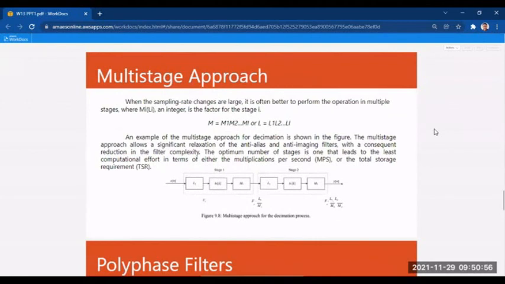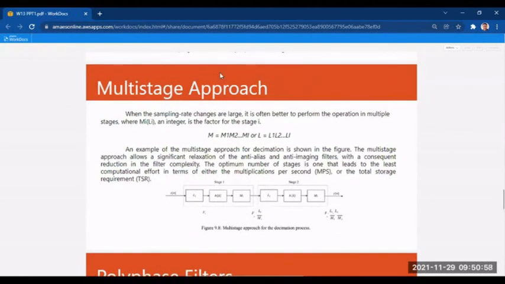Next, we have the multi-stage approach. When the sampling rate changes are large, it is often better to perform the operation in multiple stages, where M sub i and L sub i, integers, are the factors for stage i. Here we have an example of a multi-stage approach for decimation.